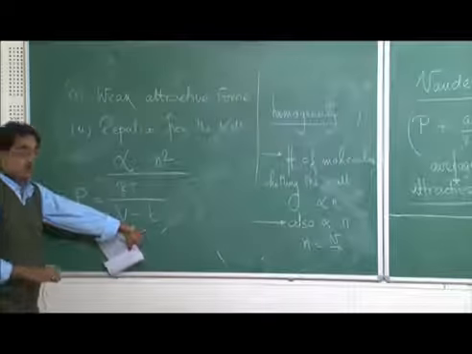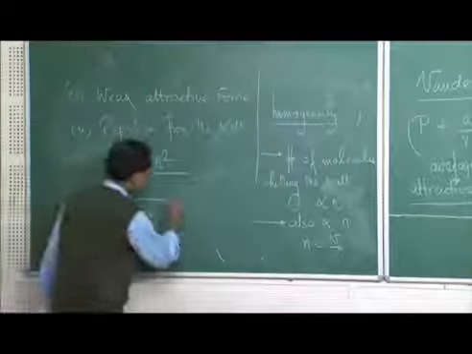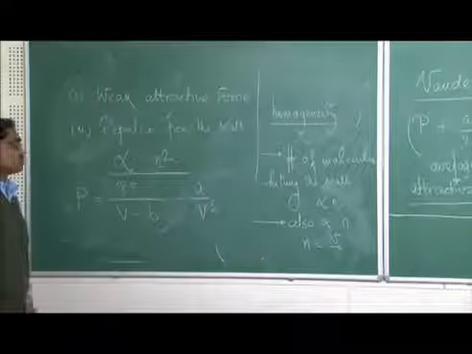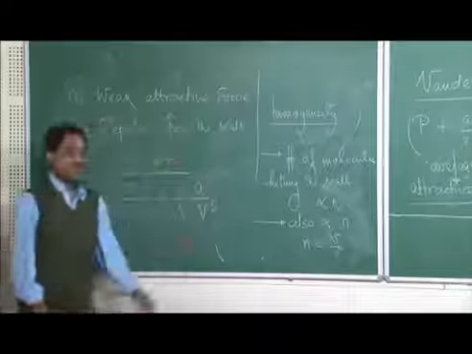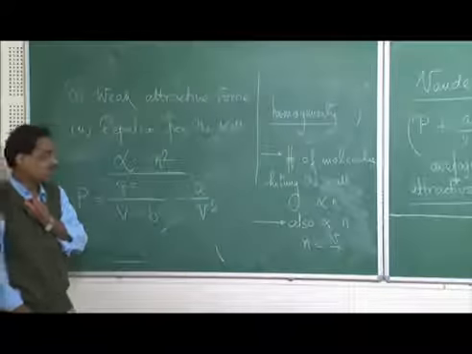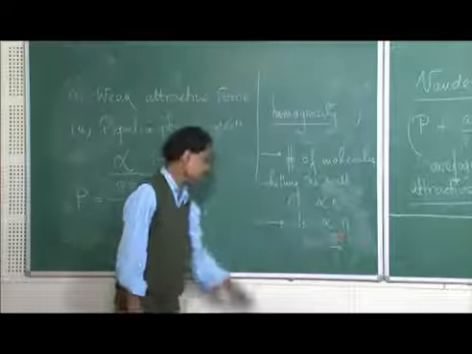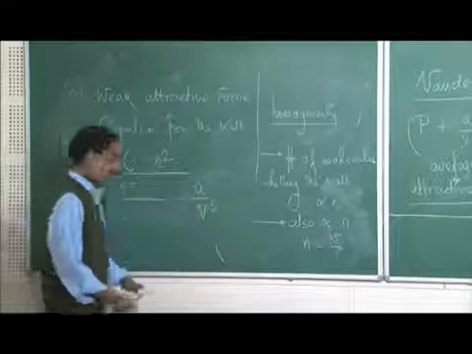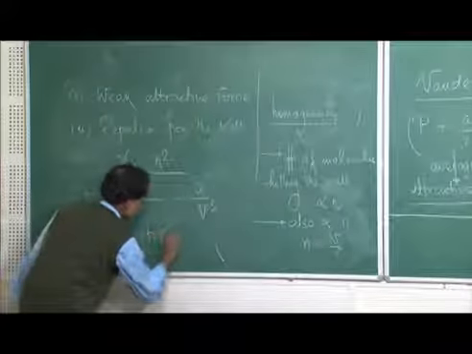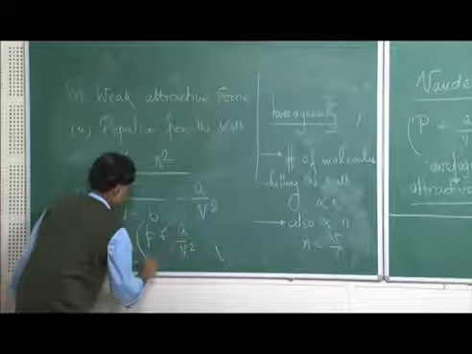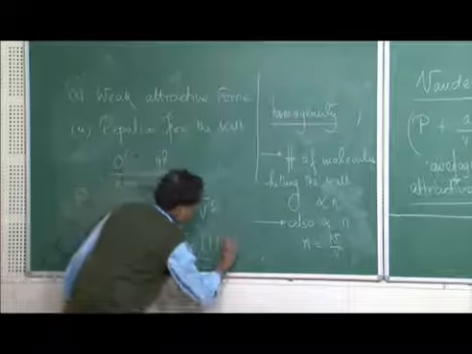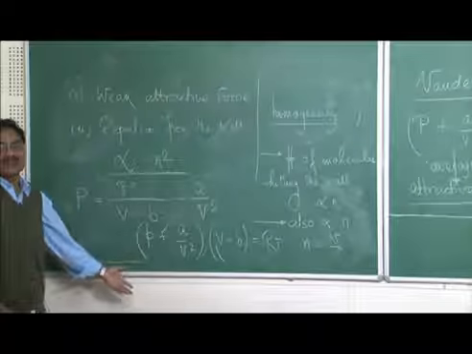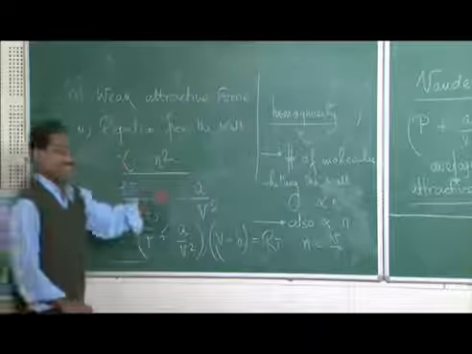I tried to emphasize how b comes, and there will be a correction coming because of this interaction I talked about, the number of molecules hitting the wall and the number of molecules which are pulling them, both being proportional to small n or 1 over V. I will have a correction of the form a over V square, and then immediately putting things together I will get (P + a/V square)(V minus b) is equal to RT. So, this gives me the van der Waals equation for 1 mole of real gas.